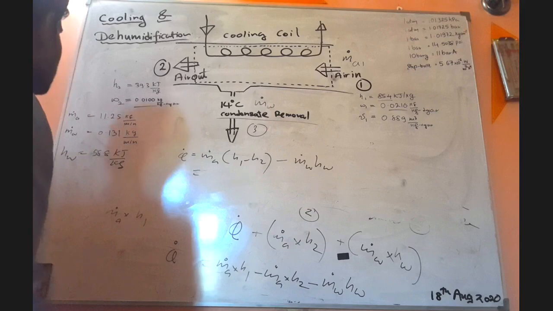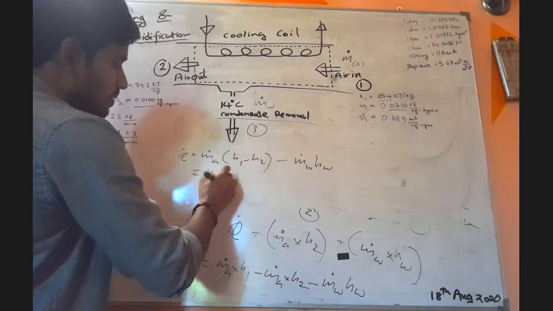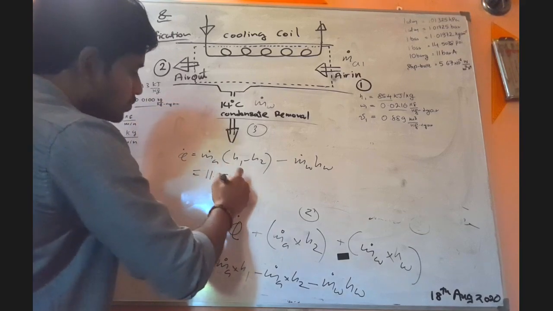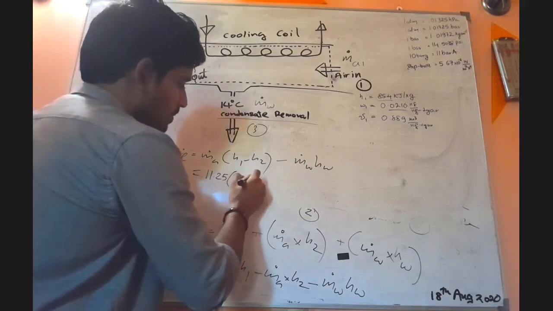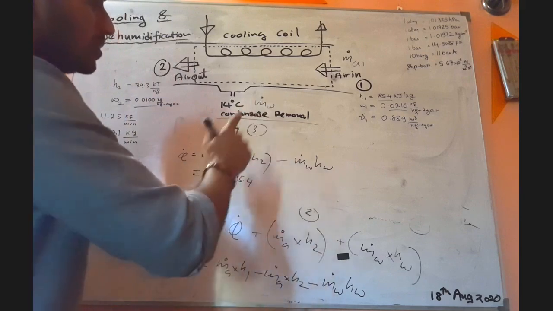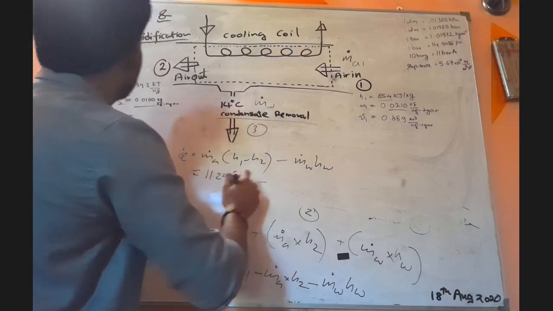So now what is ma? 11.25. Okay, times what is h1? 85.4. Be very careful about the units. Here I am not going to include units, but be very careful about the units. 85.4 minus what? 39.3.